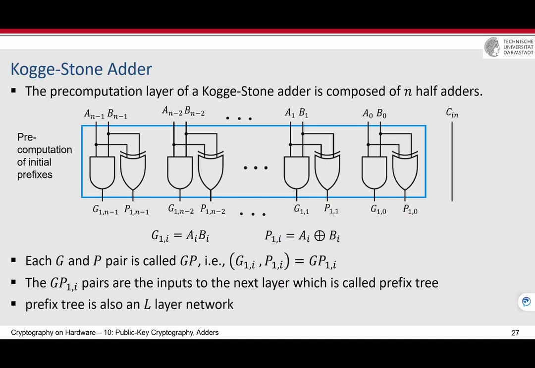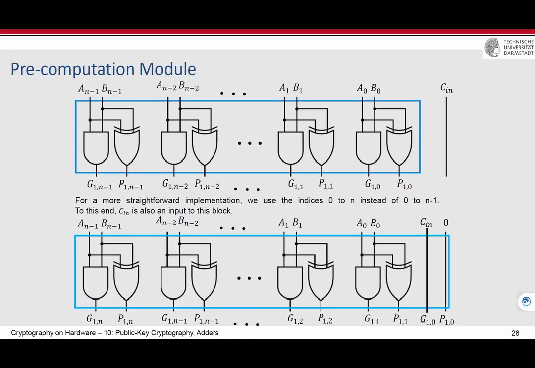Now you see here that for the pre-computation module, to ease the implementation, you can assume that Cin, the incoming carry, is also an incoming input, another bit.